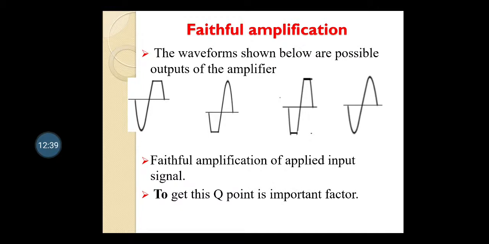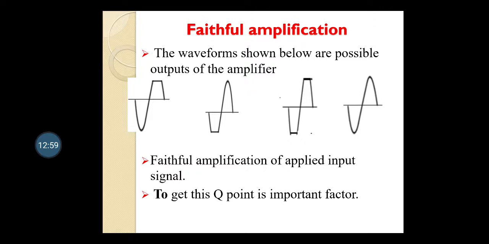The work of the amplifier is that whatever signal shape you give, the same signal shape will be at the output, but only amplitude should increase. In the second figure, you can see the negative half cycle is cut. So this is negative half cycle distortion. So this is not faithful amplification.